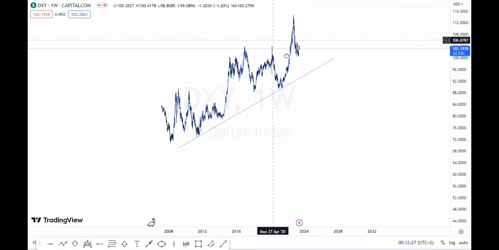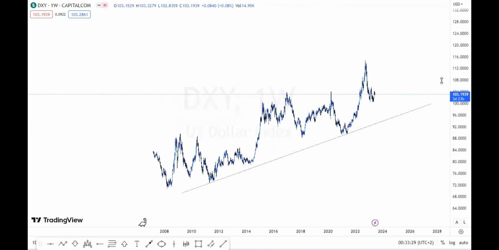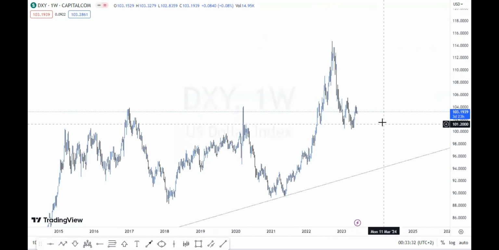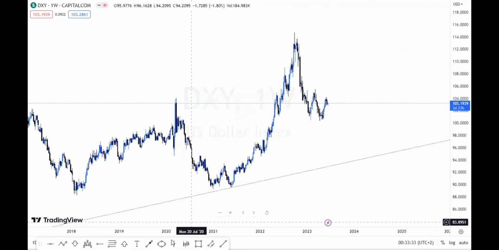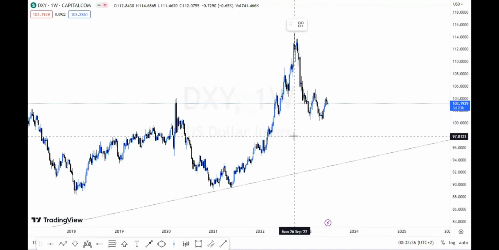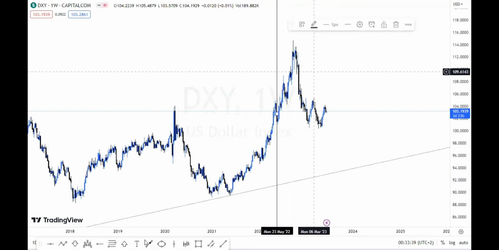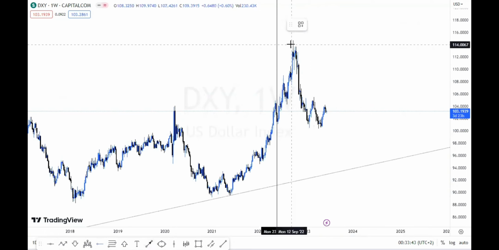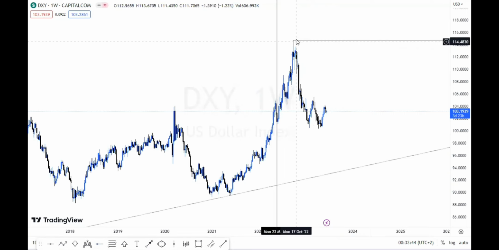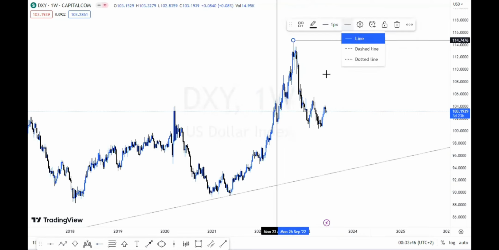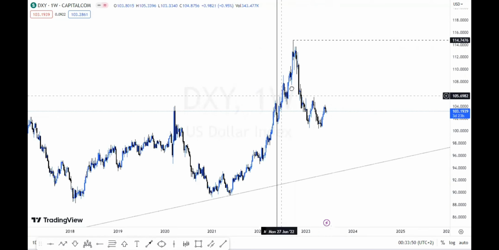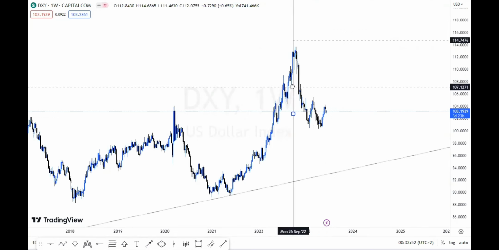But for now, we'll have to zoom in and actually look at the current price action. This was the highest high right here, the high of all time. The highest high right here.